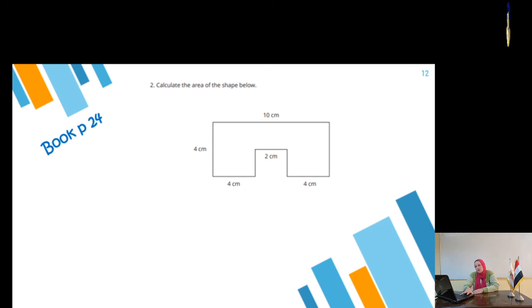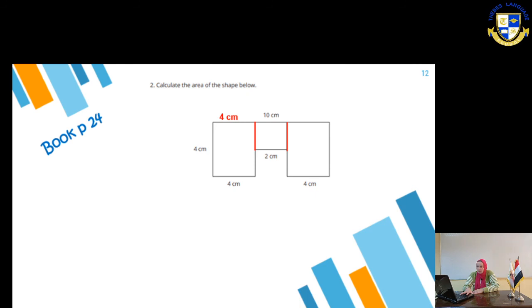We have a shape. It has several measurements. To find the area of each figure, we are going to make a rectangle. So we are going to draw an imaginary line like this, red line. Okay, so it's a rectangle. Sorry, it's a square with sides 4 centimeters. And the other one will also be a square with 4 centimeters long.